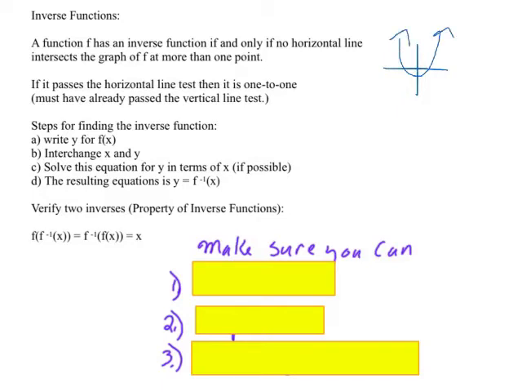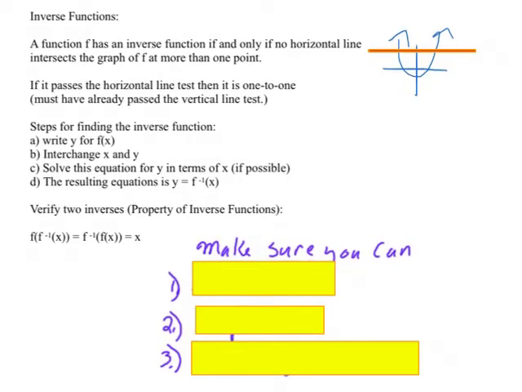If I use the idea of a horizontal line test, and I put my horizontal line right through there, and as I move that horizontal line along the y-axis, if it touches the graph more than once, as it did in this situation, that means I do not have a one-to-one function, which means that function, as it sits, does not have an inverse.